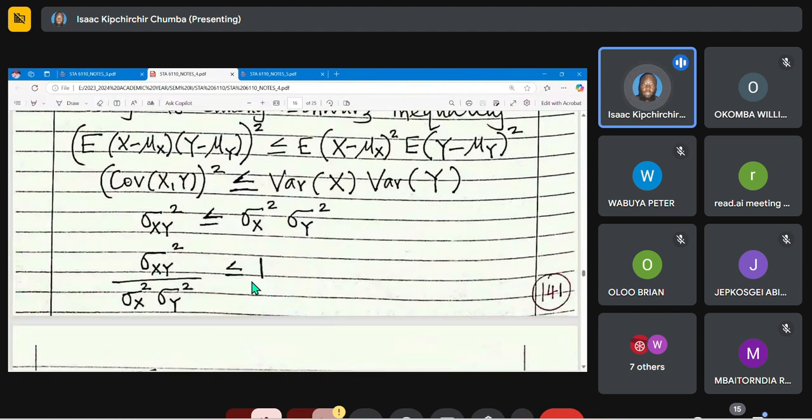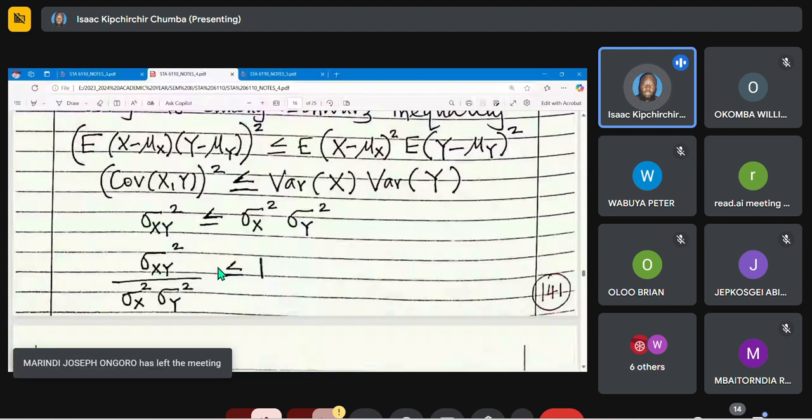If I divide both sides by the variances on the right-hand side, I get 1 on the right-hand side, and the left-hand side becomes sigma xy squared over sigma x squared sigma y squared.